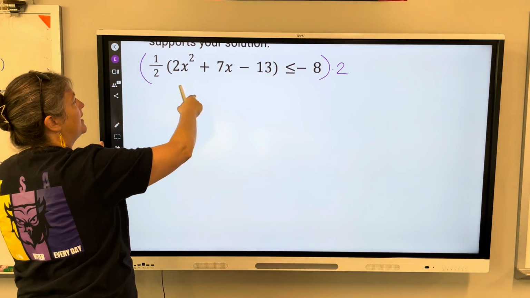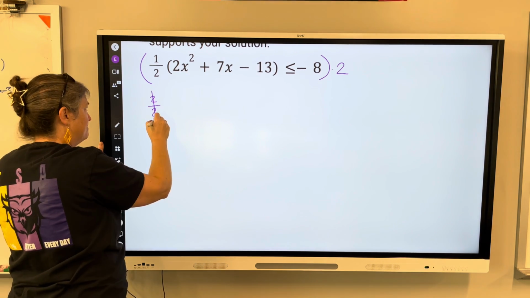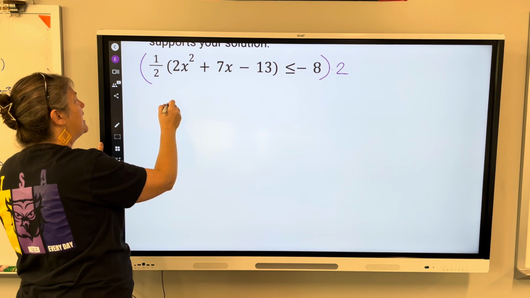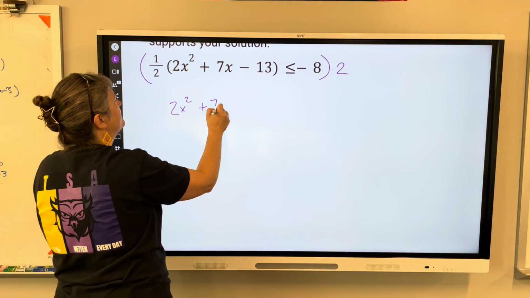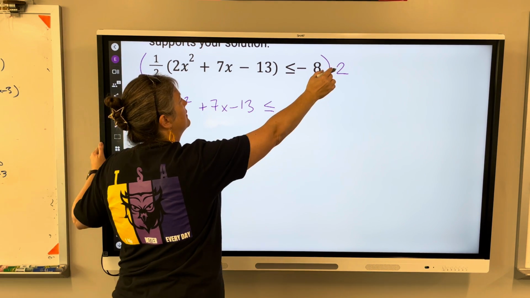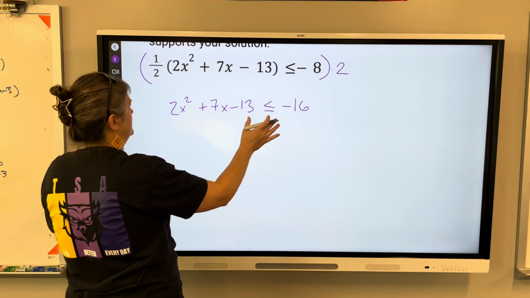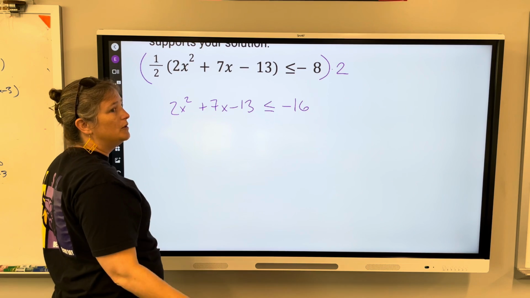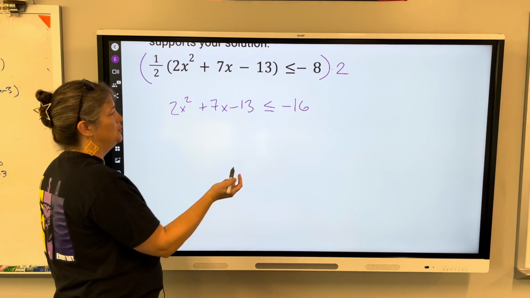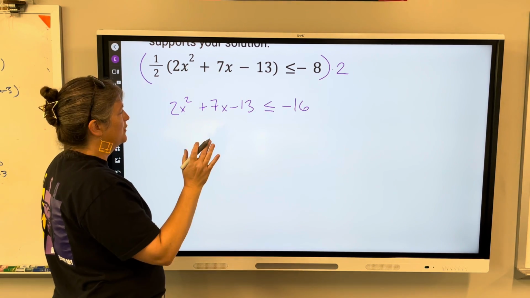Because when I multiply this whole side by 2, the 2 divided by 2 goes away, and so it gets to go invisible because it's a 1 times 2x squared plus 7x minus 13. And all of that is less than or equal to, now 2 times negative 8 is negative 16. Great, that looks cleaner. I've got all whole numbers. That's fantastic, right? And my fraction's gone. Useful. And distributing it would have been a huge waste of time and making the whole problem harder.